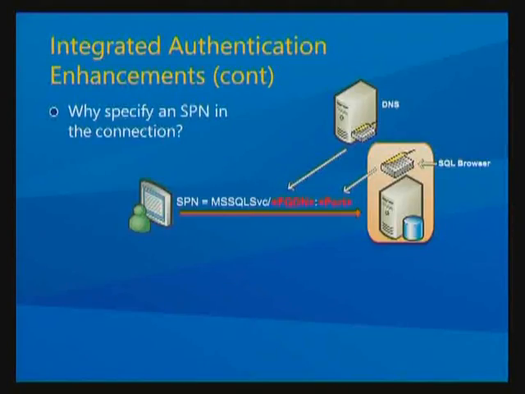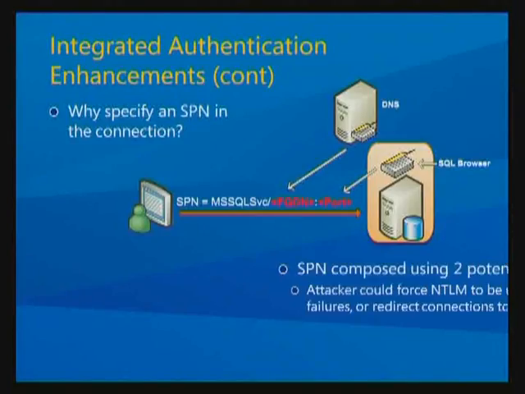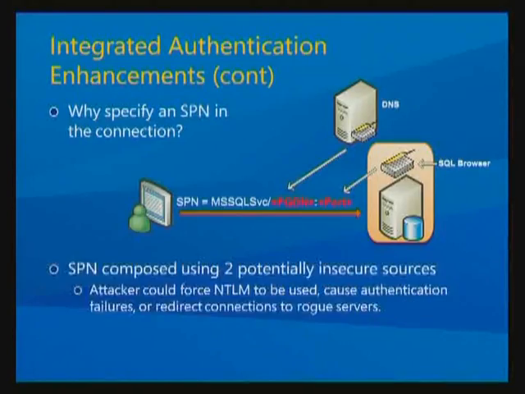A man in the middle can feed you incorrect information. So you're subject to a number of attacks in terms of having yourself routed to a rogue server. You're subject to attacks that have the request for Kerberos be downgraded to an NTLM, and you don't get that mutual authentication anymore, and you may not be able to authenticate that the server that you're connecting to is in fact the server that you intended.